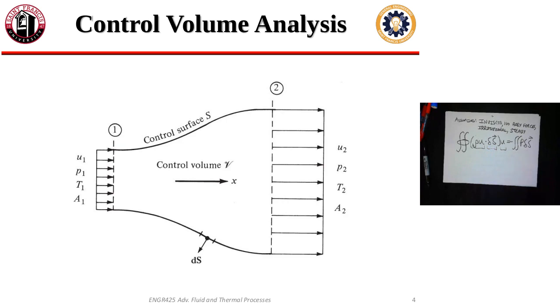So let's have a go here. Rho u dot ds. Where is that equal to 0? Where is the momentum perpendicular to the area vector?